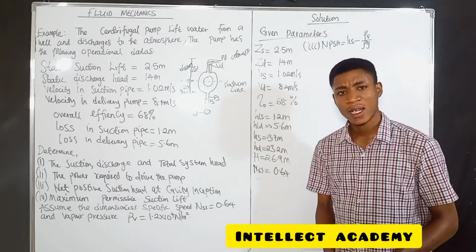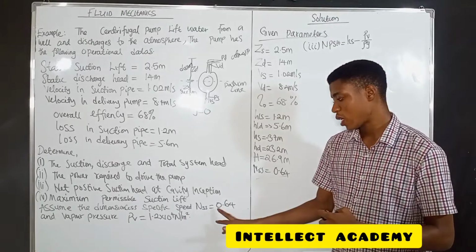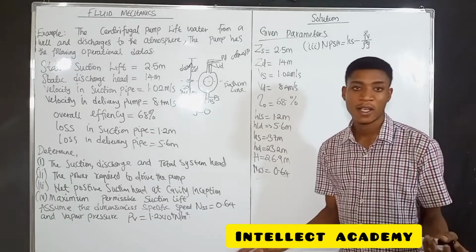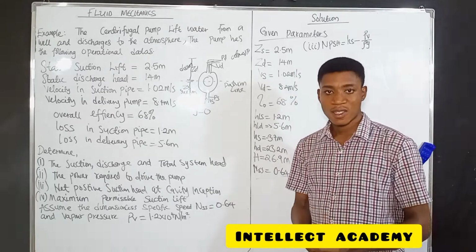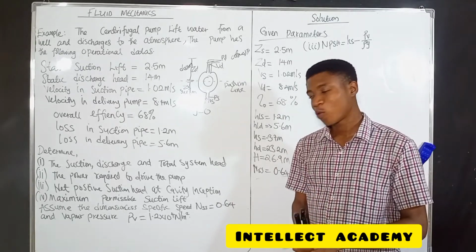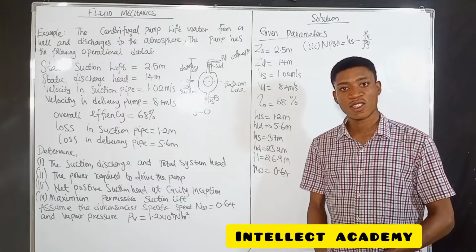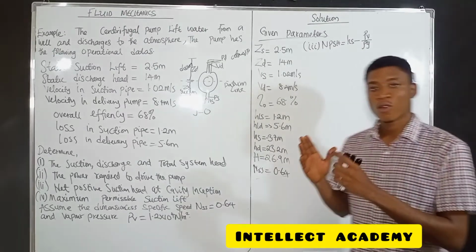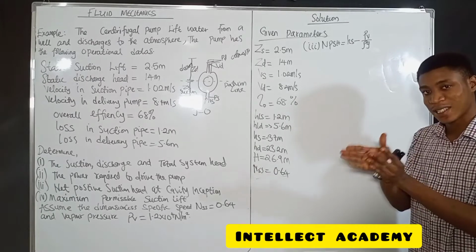In our last video, we had our formula for NSS, which is the specific suction speed. In this case it is quite different. Because of this dimensionless specific speed quantity, we are going to use another formula, because we have cavity inception.